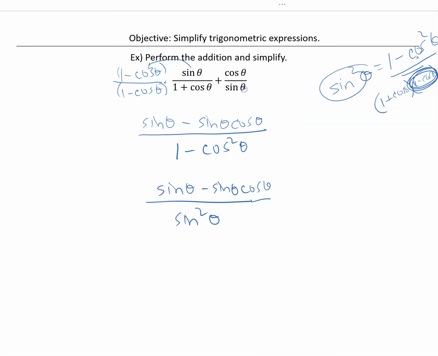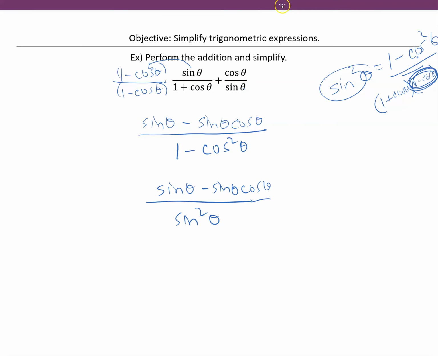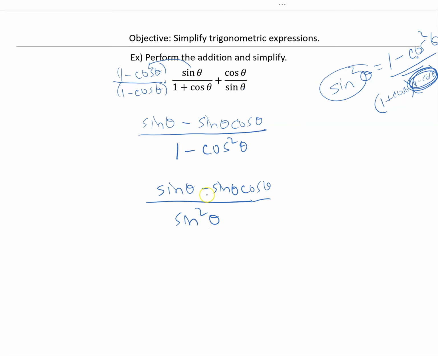Now, this one has a denominator of sine, and I need a sine to match this sine squared I just created. So over here, I'm going to use a ratio of 1, sine theta over sine theta. And that's going to become plus cosine theta sine theta over sine theta times sine theta, and that is my sine squared theta.